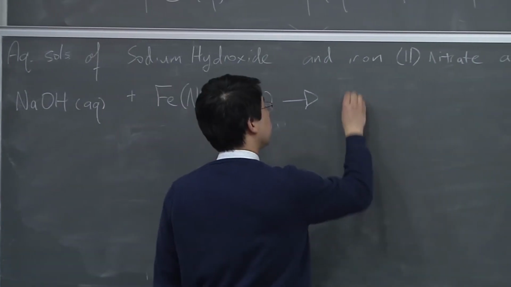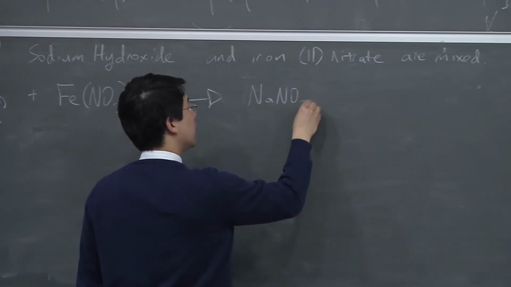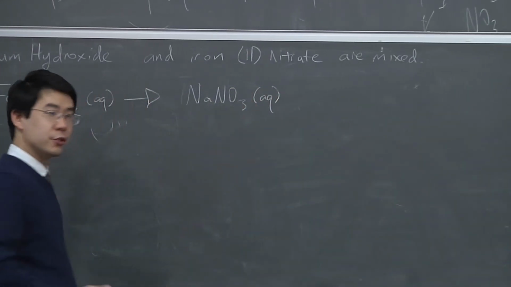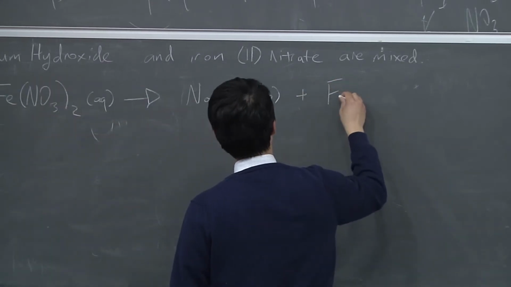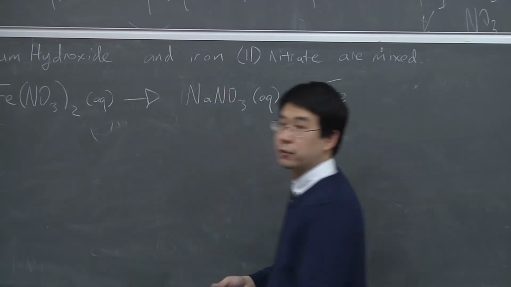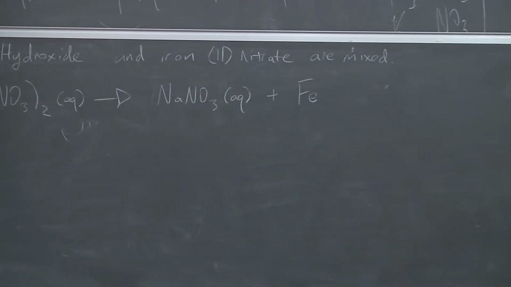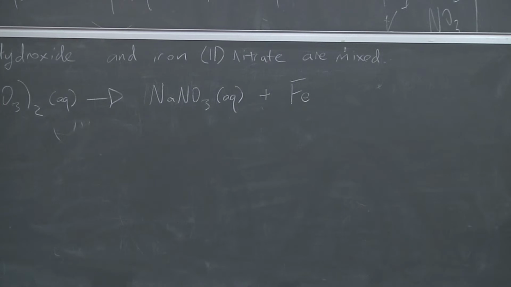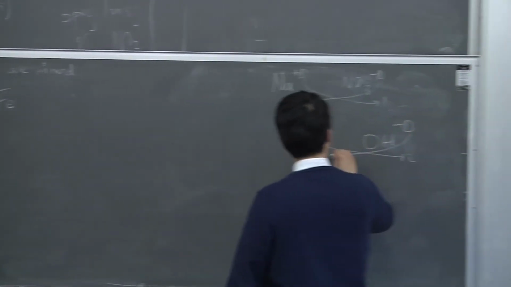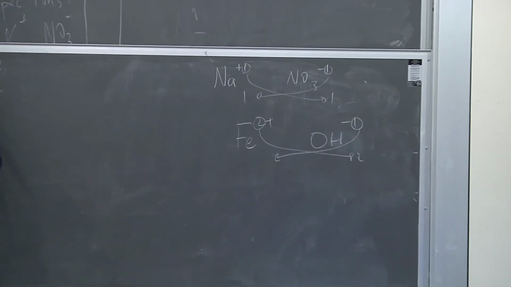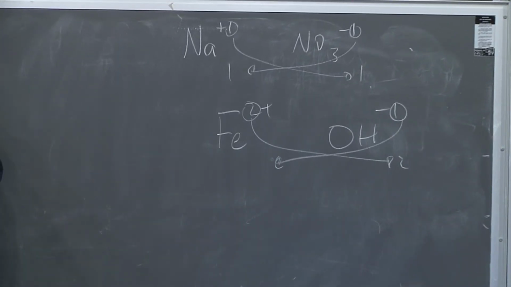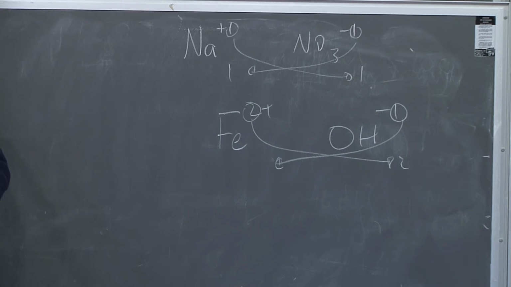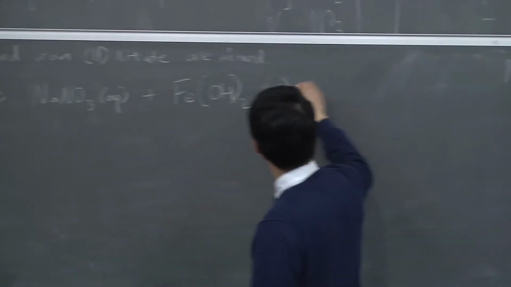So we get NaNO3, that's sodium, which is soluble, nitrate, which is soluble. Then FeOH, right, because the metal always goes first. And the Fe is still iron 2. OH is minus 1. So Fe(OH)2. Iron hydroxide is insoluble. So that's going to be solid.